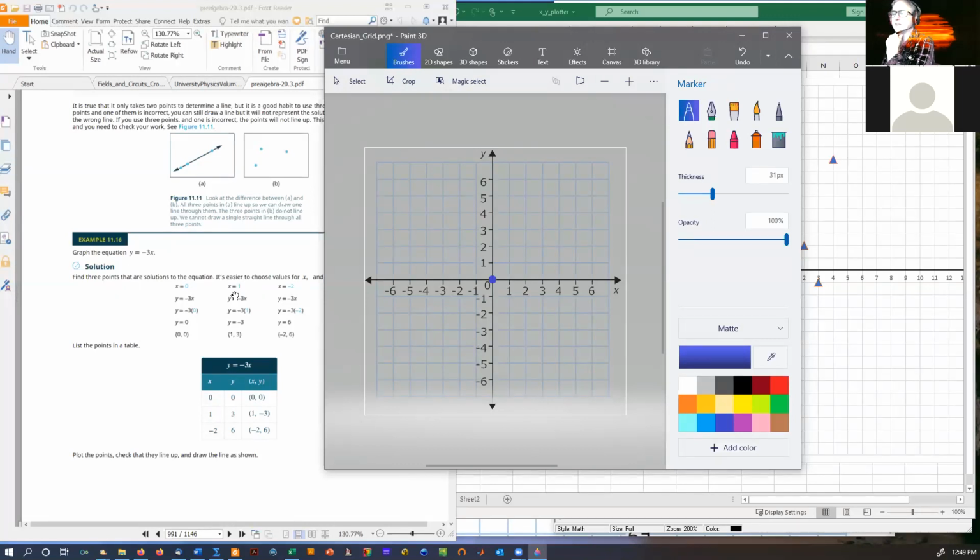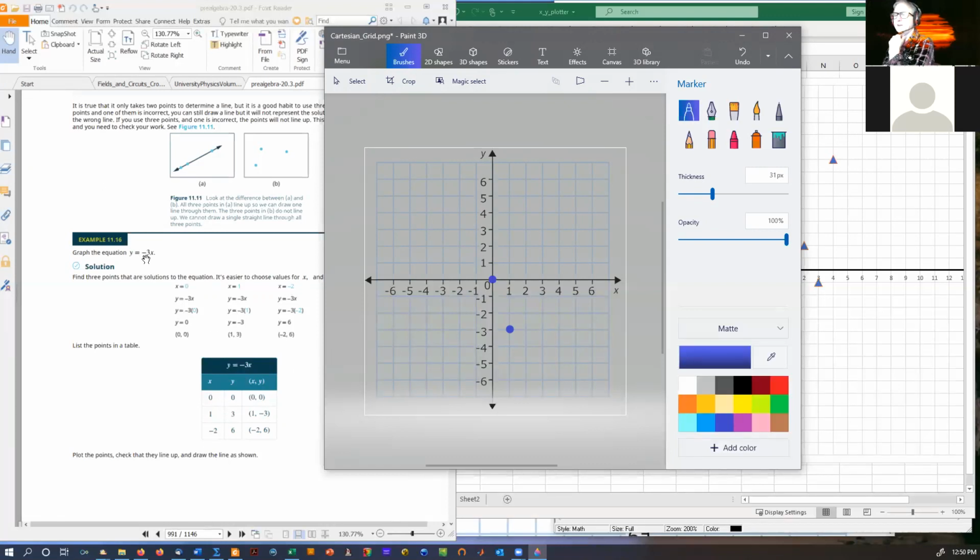Now we look at x equals 1. Well, y equals negative 3 times 1, so y is equal to negative, oh, they've got a typo here in the book. Y is equal to negative 3. It says 3, but it actually means negative 3. So when x is equal to 1, y is equal to negative 3. They've got negative 2, but we're going to do negative 1.